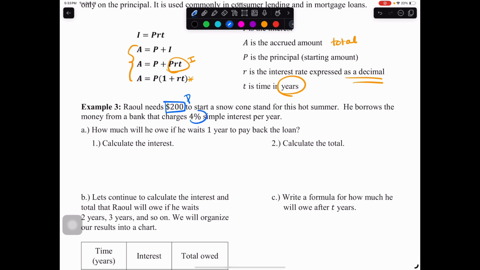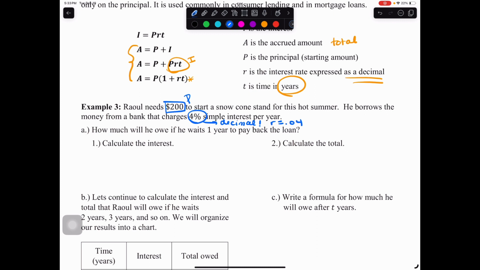Then we have 4% as the rate, but remember, we have to write this as a decimal. So we move that decimal point 2 places to the left, or divide by 100, to see that R equals 0.04.